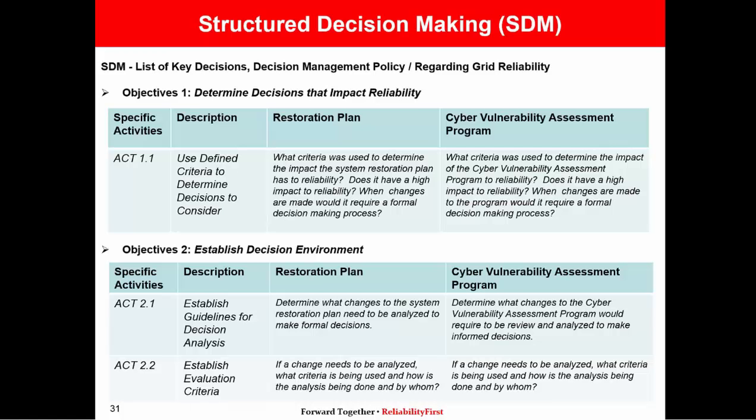What are some of the criteria or areas within that process that you would want to make decisions on? For instance, if you're going to be changing the process, you might want to have a good structured decision-making process in place. If you're going to be adding additional tools or technology that may require a large sum of money to purchase, you may want to put a structured decision process around that type of decision.